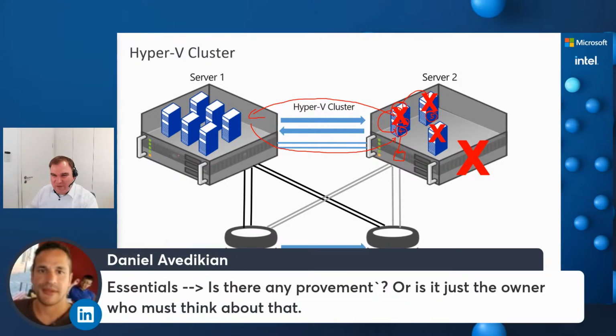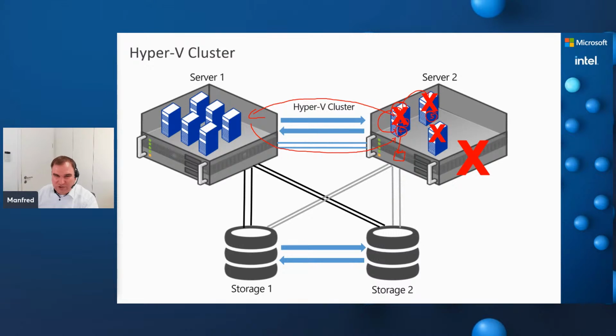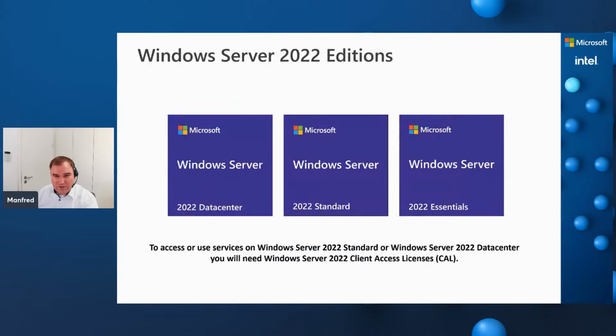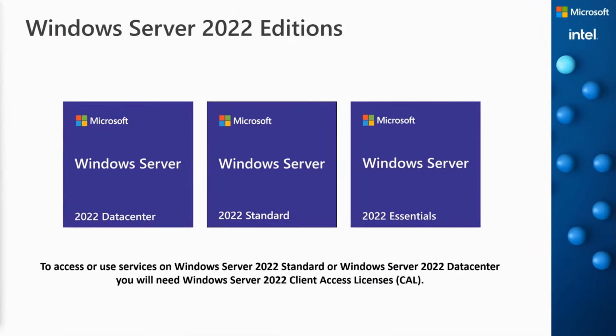Maybe to add something about the essentials question or the Essentials product itself. I often receive questions on this topic, since Essentials from the technical perspective is Standard. So what happens if I'm downgrading to a previous Windows Server version?